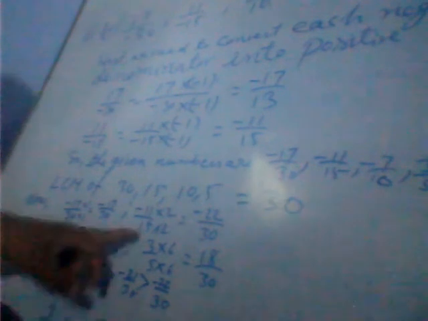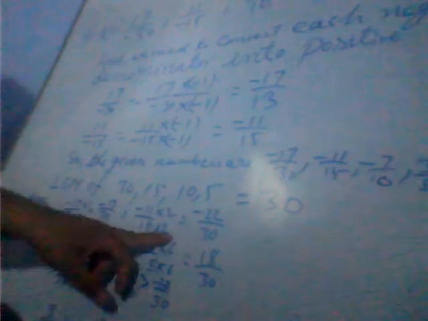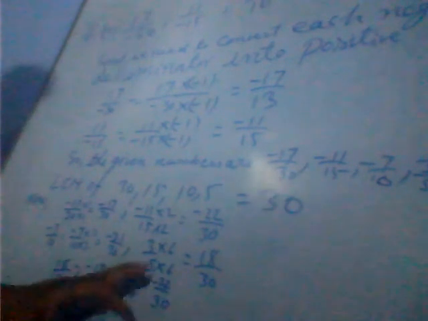In the same way, when we multiply 3 by 5 by 6, we get 18 by 30. In each and every case we get 30 as the denominator. So we need to arrange the numbers in descending order: 18 by 30, minus 17 by 30, minus 21 by 30, minus 22 by 30.